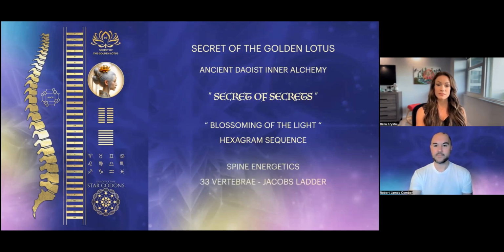So, the blossoming of the light, and this is when we'll get into things like spinal energetics and energy flow, simple, profound things that we can do along with the throat chakra activation that we get to work with each week. And you'll build up this repertoire of different ways in which you can move the energy through your spine to create the alchemy, to create the gold.